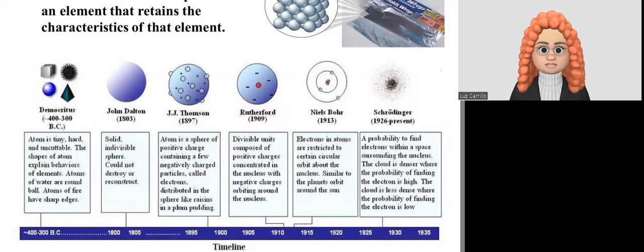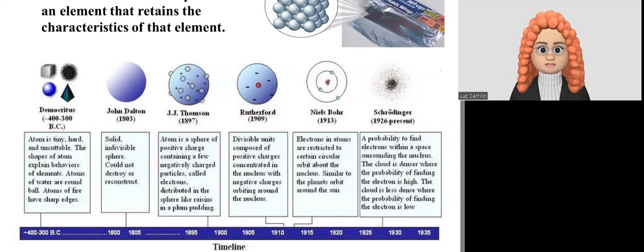Many years later, in 1897, J.J. Thomson started investigating if this particle called the atom that was present in elements was the smallest unit that could be found.